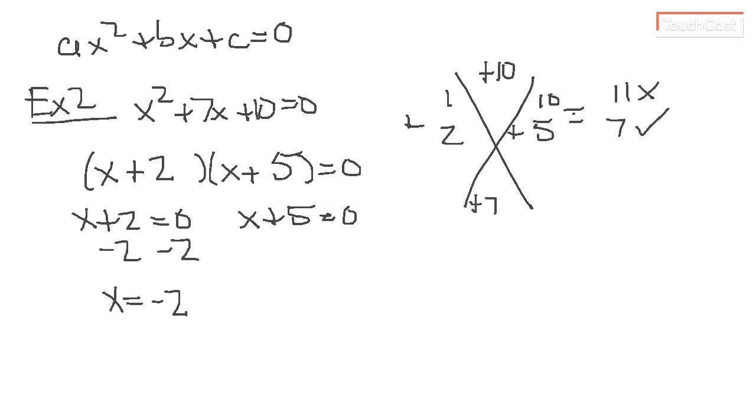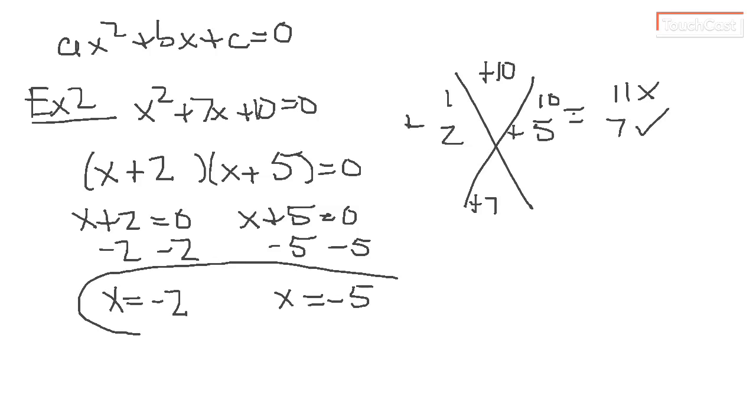Or I can look at the other one, x plus 5 equals 0. I need to subtract 5 from both sides and get that x is equal to negative 5. So if I were to actually graph x squared plus 7x plus 10, I would find that at x equals negative 2 and x equals negative 5, that graph crosses the x-axis.